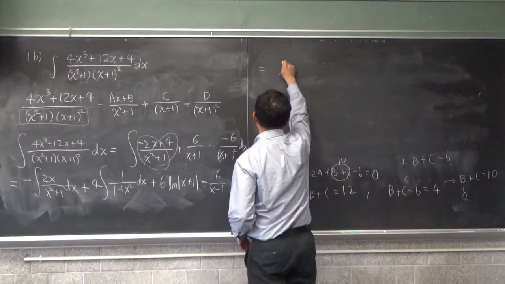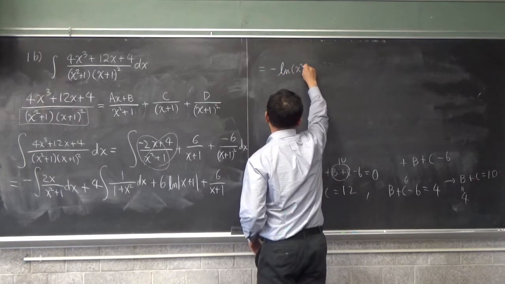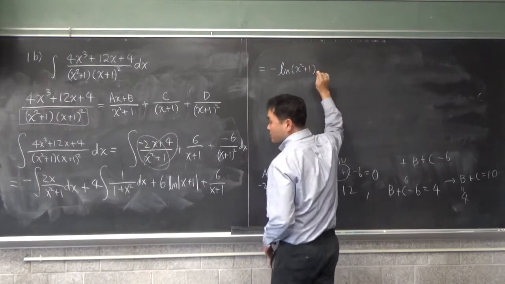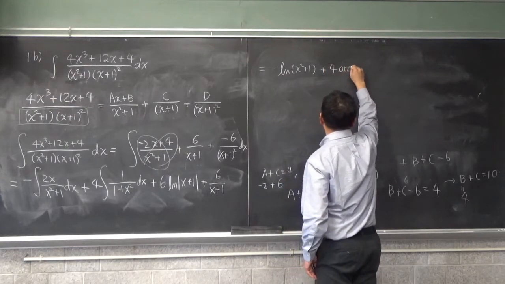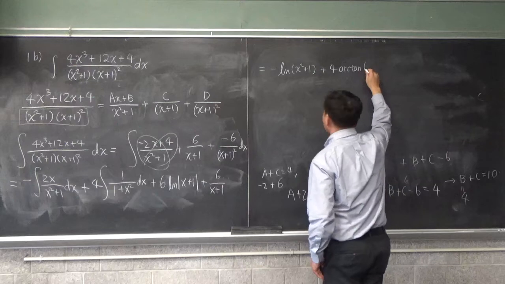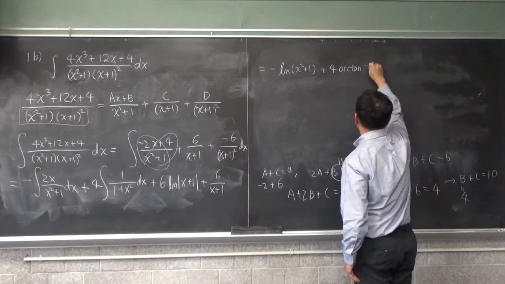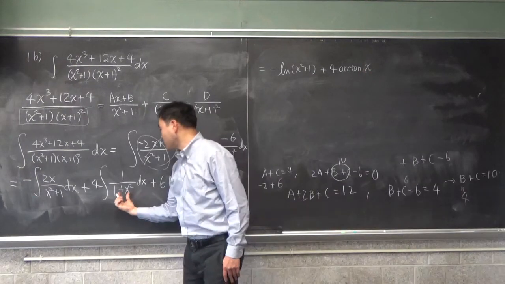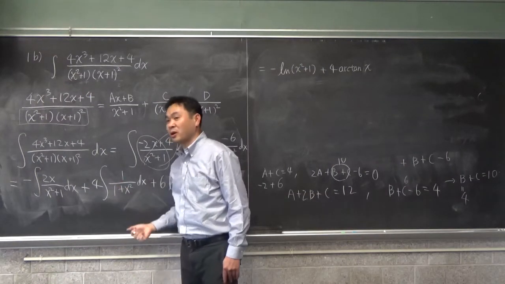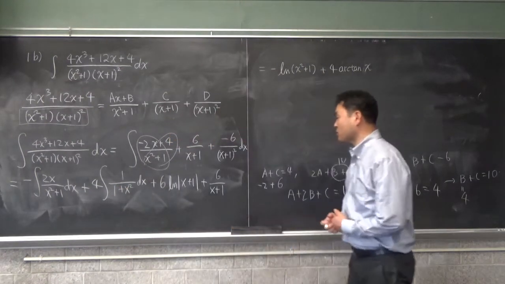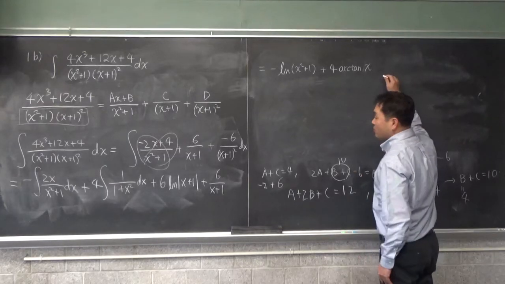So it'll be negative ln of x squared plus 1 plus 4 times arctangent of x. And that's why I switched x squared plus 1 to 1 plus x squared, because that's the usual way arctangent derivative is written. And everything else is good.